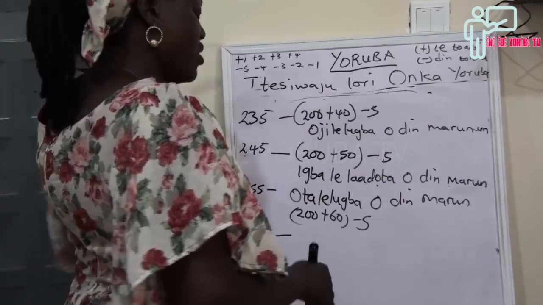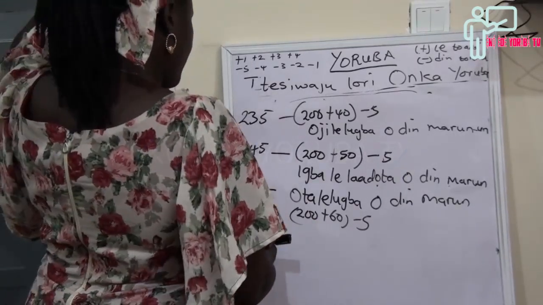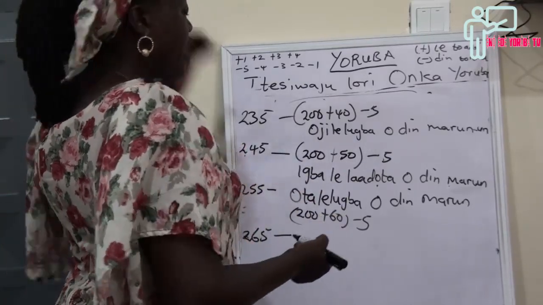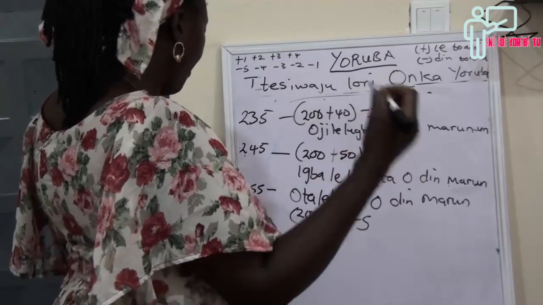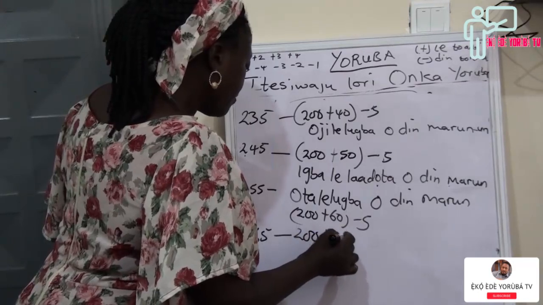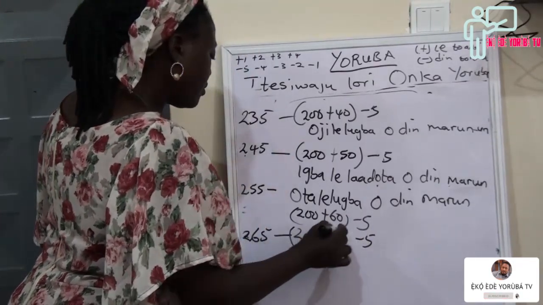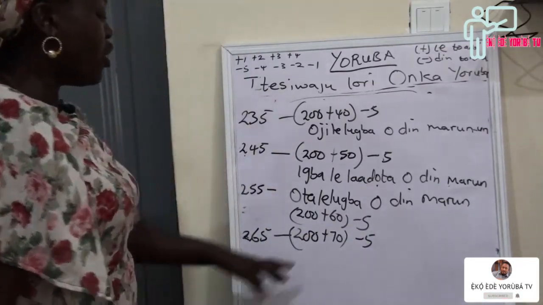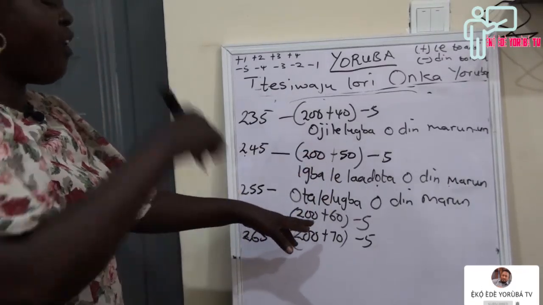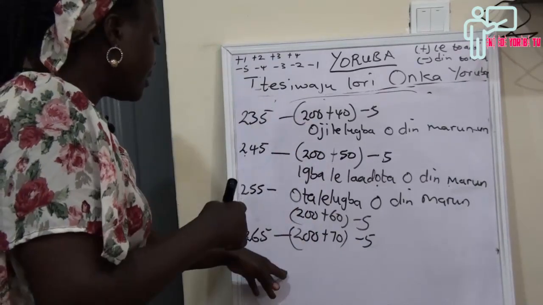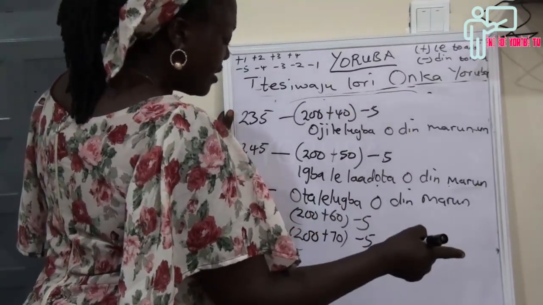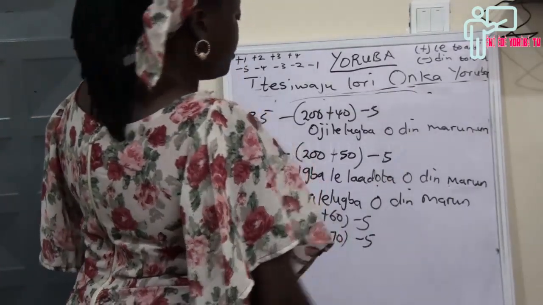We have 65. What is 65? What is 70 with the whole number? We have the 50 is àádọ́ta. So likewise the 70 will be àádọ́rin. So we now say 200 plus 70 minus 5. So that's àádọ́rin. We now be ọ̀rìnlélúgba. Àádọ́rin ó lélúgba ó dín márùn-ún.